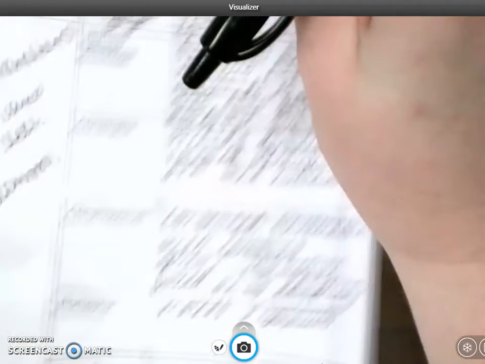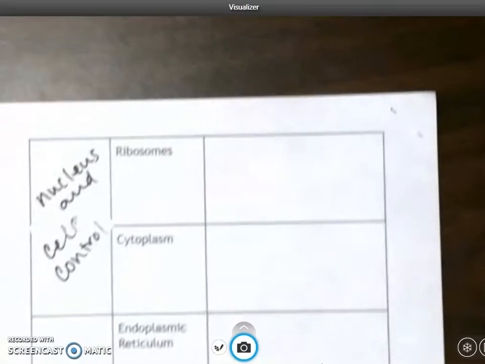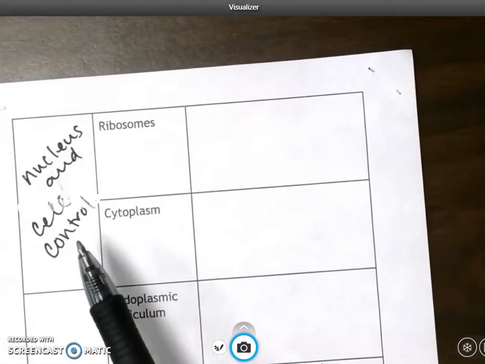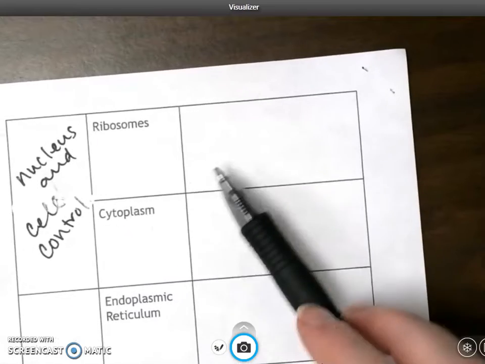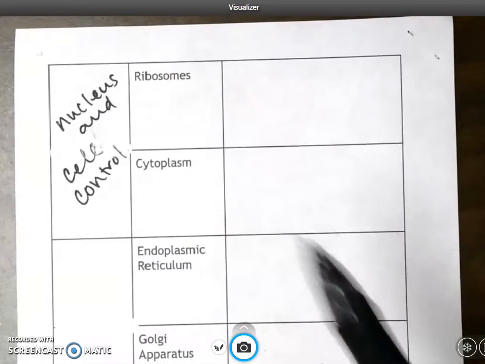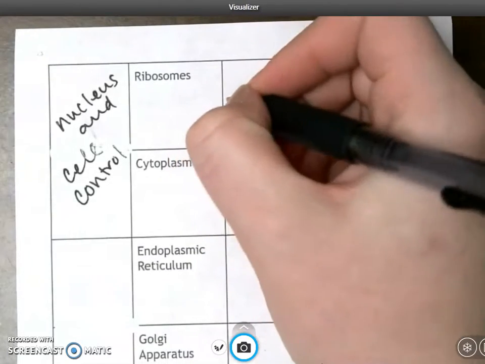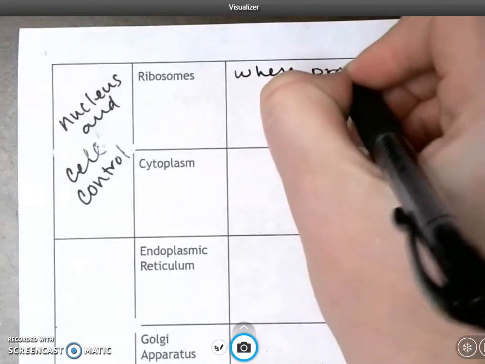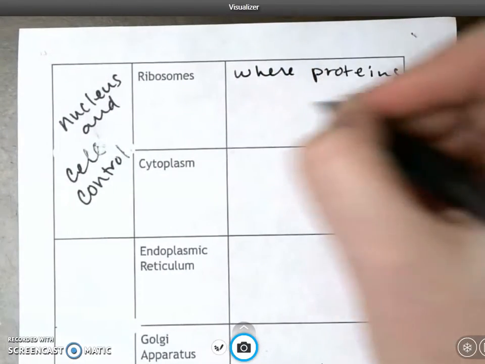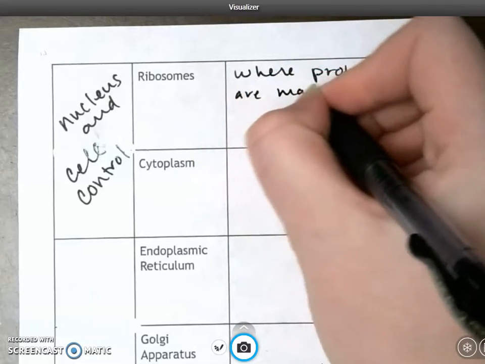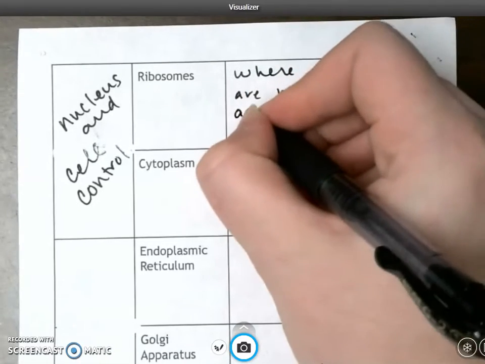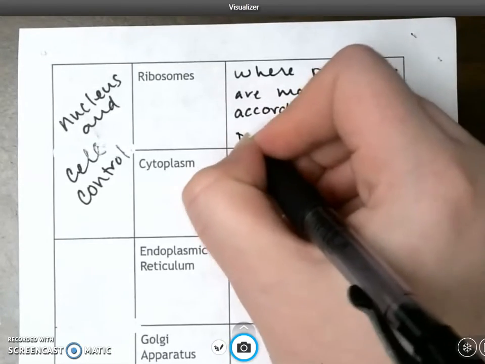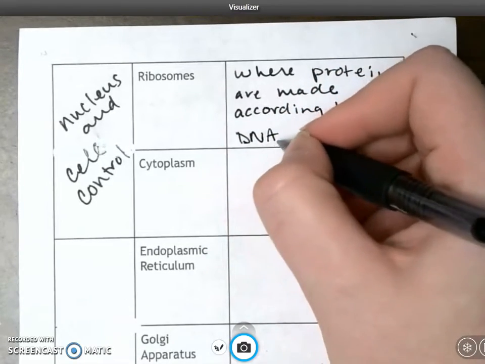Let's move on to page 2. Remember, we wrote in nucleus and cell control because these are part of the cell control. The ribosome, remember, is made by the nucleolus. Its job is to make proteins. It is where proteins are made according to the DNA's directions.